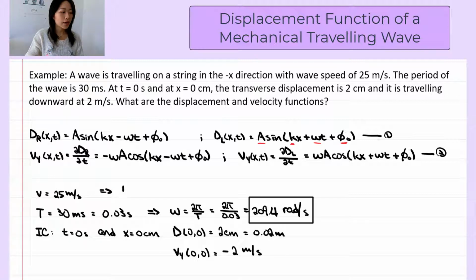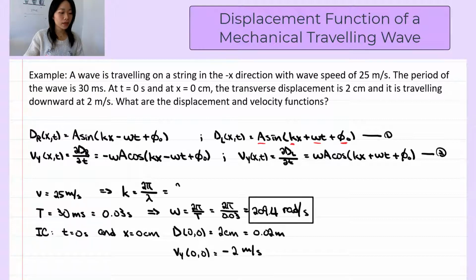We know that wave number is an analogy to angular frequency, but instead of in the time dimension, we are in the spatial dimension. So angular frequency is 2 pi divided by the time for one cycle, and wave number would be 2 pi divided by the distance for one cycle, which is the wavelength.